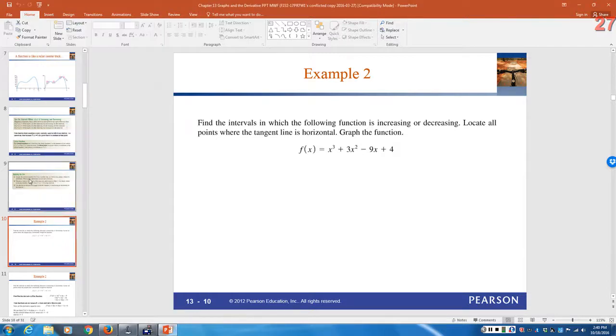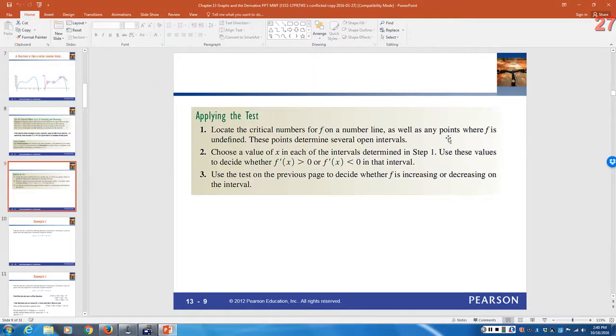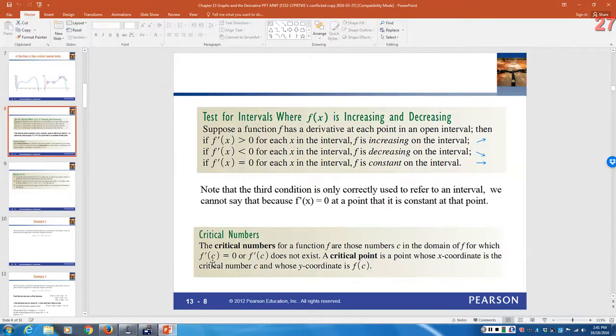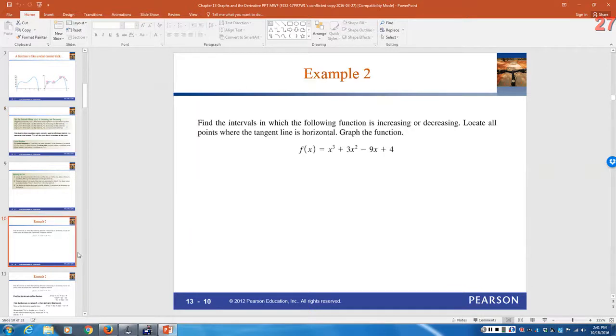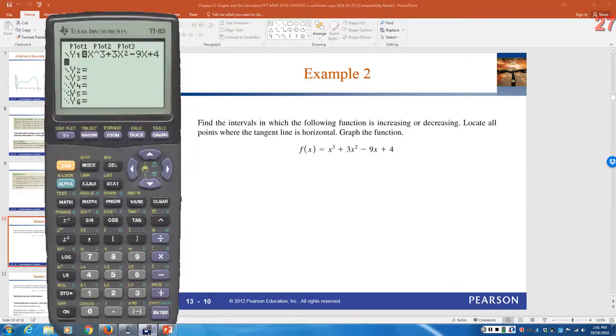And looking back, the test says locate the critical numbers as well as any points where the function itself is undefined. And remember, the critical numbers are going to be where either the derivative is 0 or it doesn't exist. So what we want is not just the graph of the function itself, but we want to know something about the values of the derivative of that function.